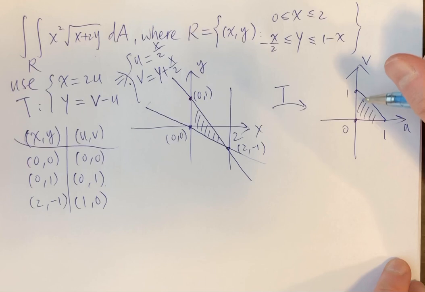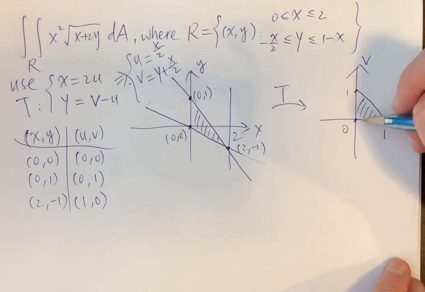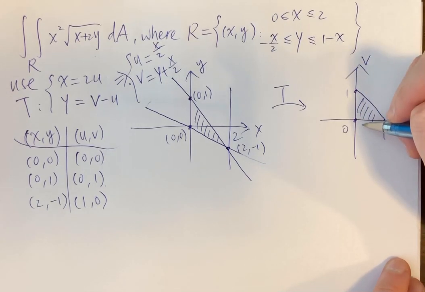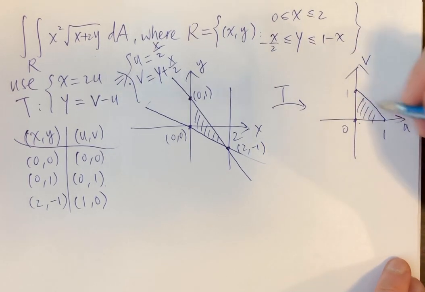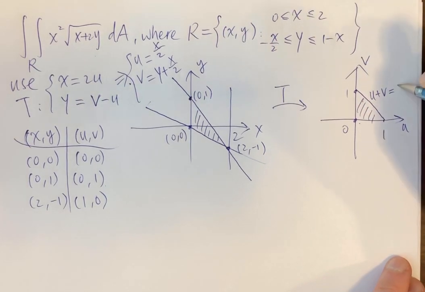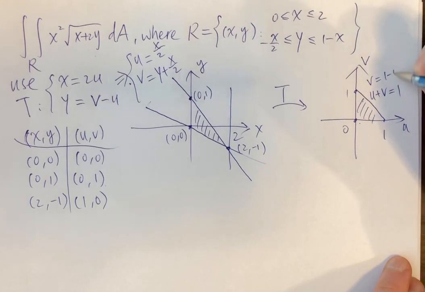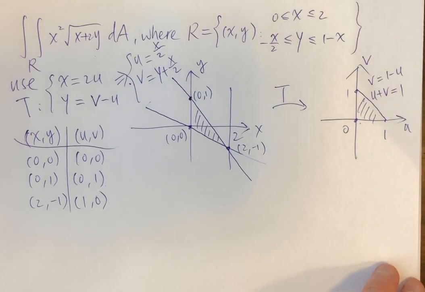So we need to describe this region in terms of u and v. Certainly this will be v bottom, and this will be v top, and this line is u plus v equals 1, which means v will be equal to 1 minus u.